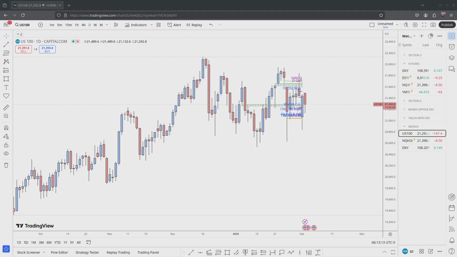I just want to take a look at the seasonal tendencies for DXY for Feb. We want to see a rally initially, and then price starts going sideways. So we want to see a rally for at least a week or a week and a half in the dollar, and then see it go sideways.